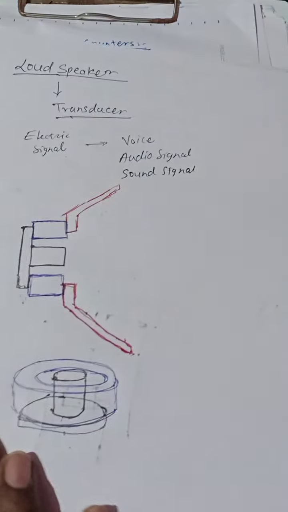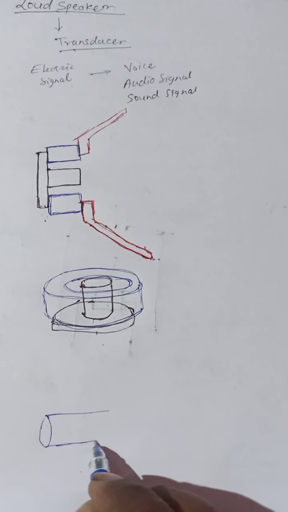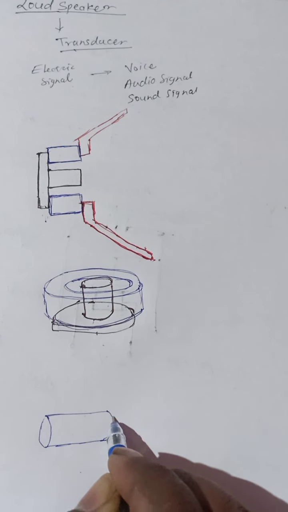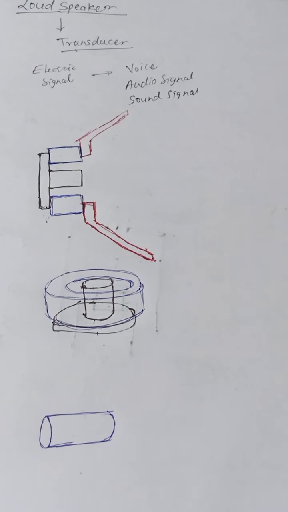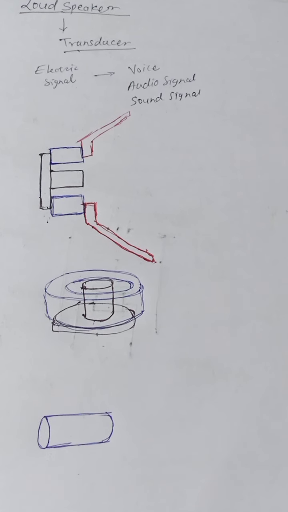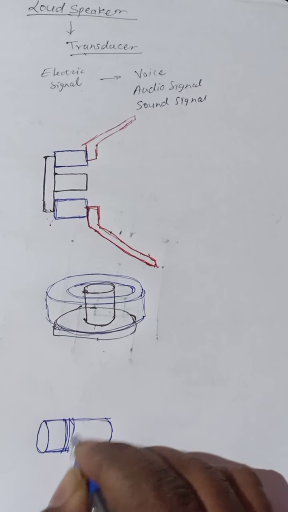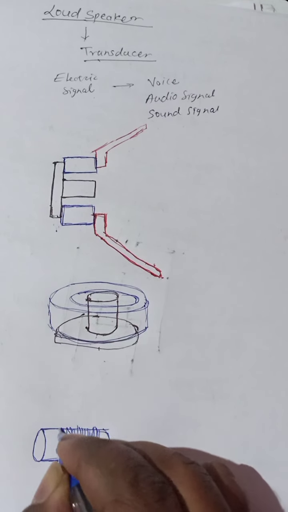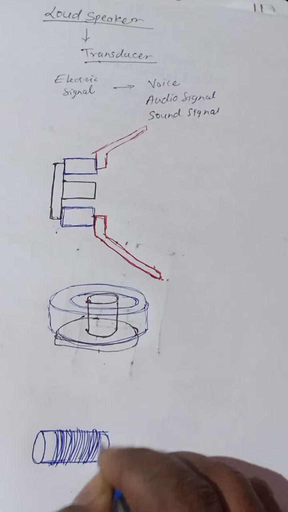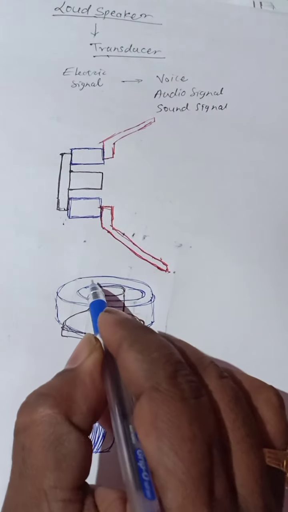Voice coil means there is a paper pipe core, just a tube made up of hard paper, and a thin wire is wound over this pipe. This pipe is inserted here.